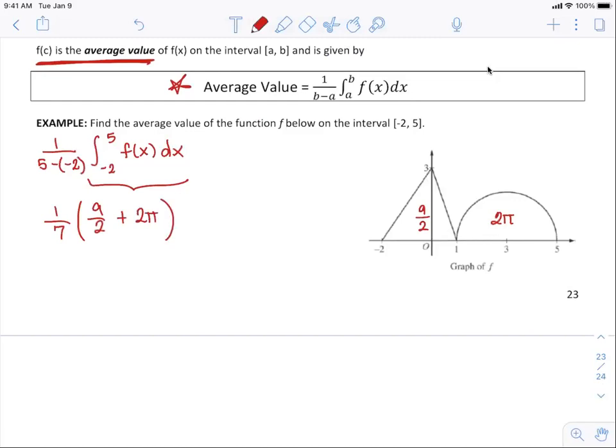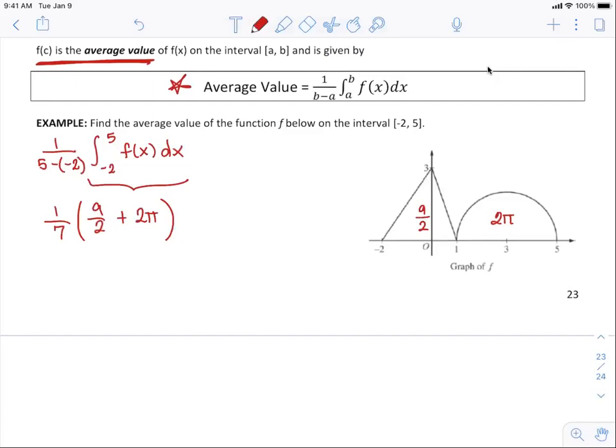And so that is our average value. Now you could distribute that, you could condense it down, but let's go ahead and approximate this with a decimal just so we can get an idea of what we are finding.